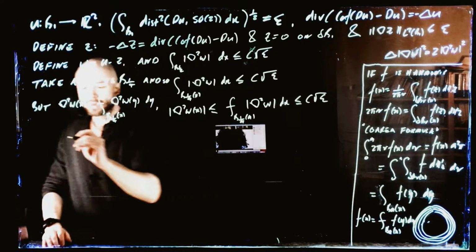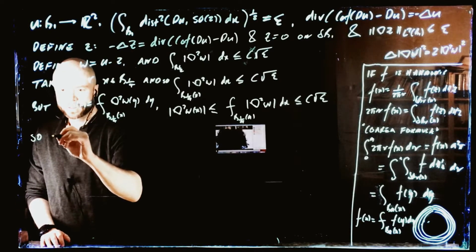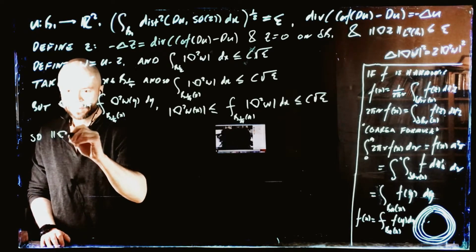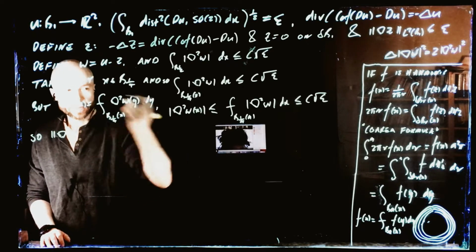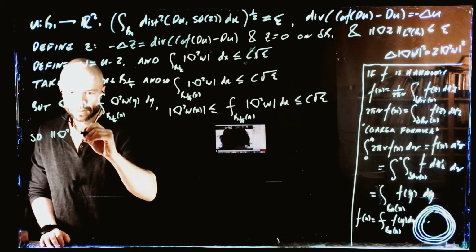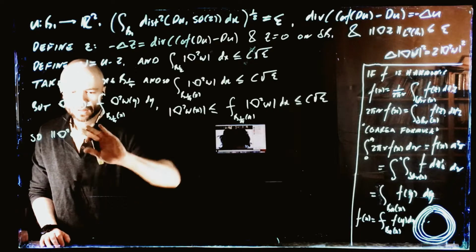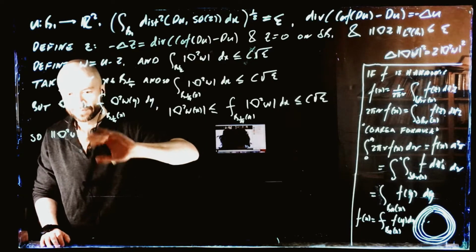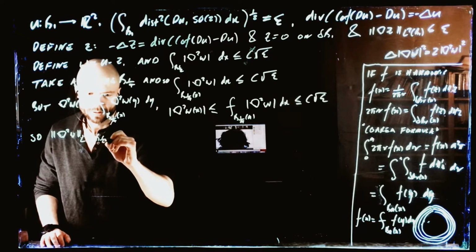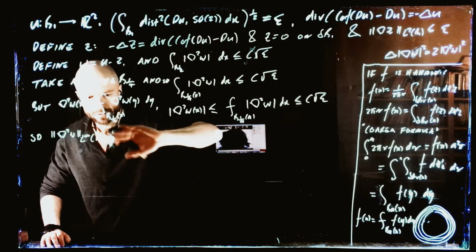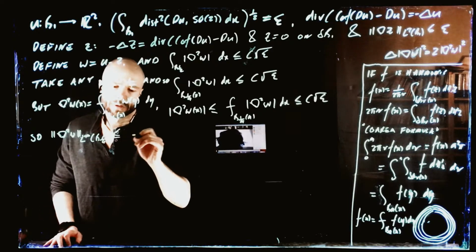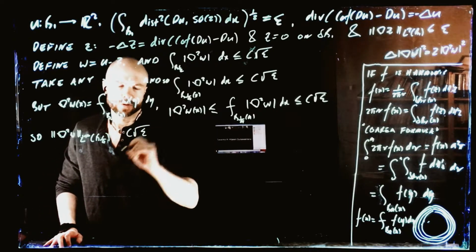Huh? So in other words, the infinity norm, which means the supremum over all values of this thing, I'm going to write it like this. Yeah, consistent. Is less than constant square root of epsilon.